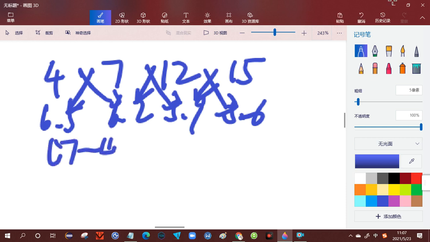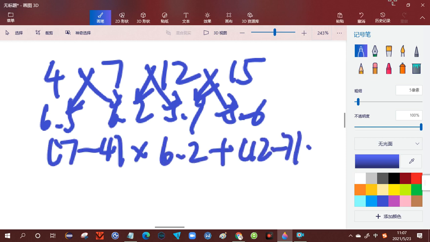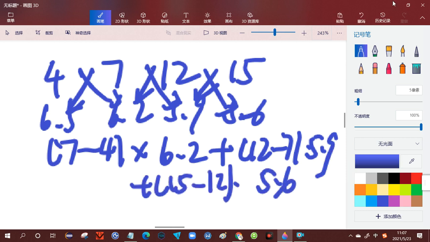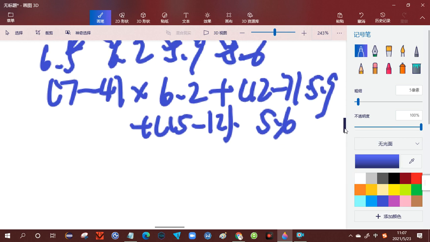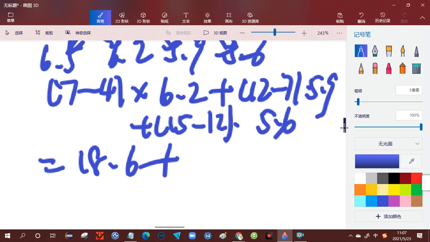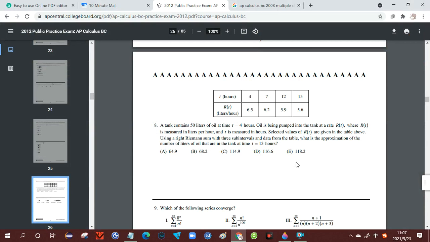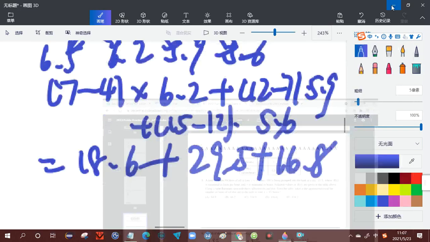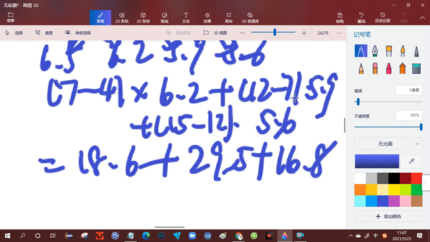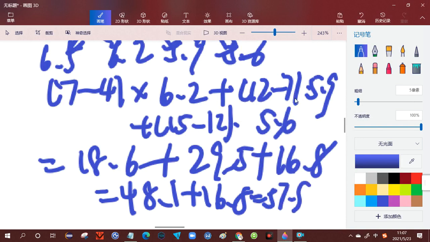So the answer is going to be 7 times 6.2 plus 12 times 5.9 plus 15 times 5.6. So therefore, the answer is going to be 18.6 plus 29.5 plus 16.8. And then we know that the initial amount is 50, right? So we need to add 50.